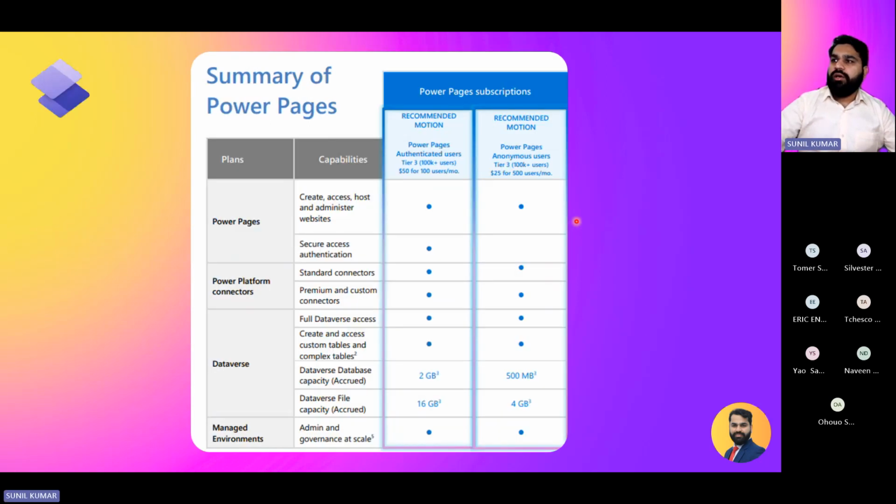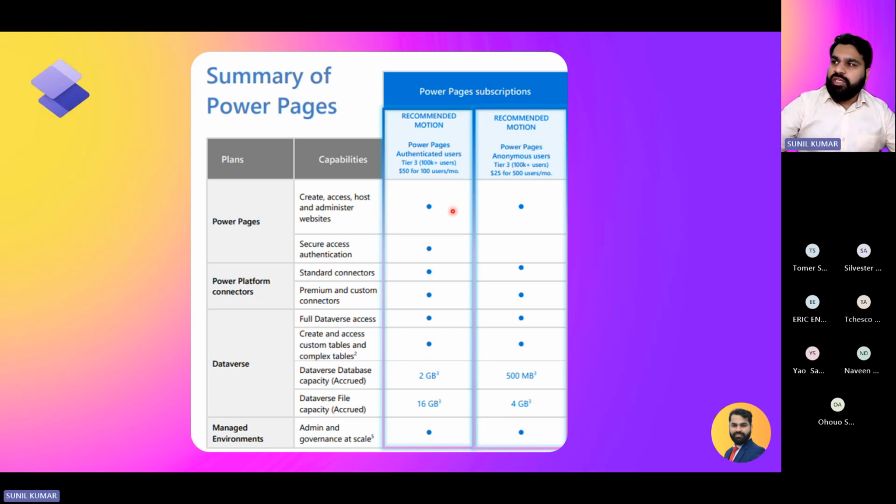Now we will talk about Power Pages licenses. As we all know, Power Pages is a low code, no code website builder for internal, external, authenticated, and anonymous users. First of all, any internal user can go ahead and access this. There is no issue with that, because a Power Automate premium license or Power Apps premium license already covers that.